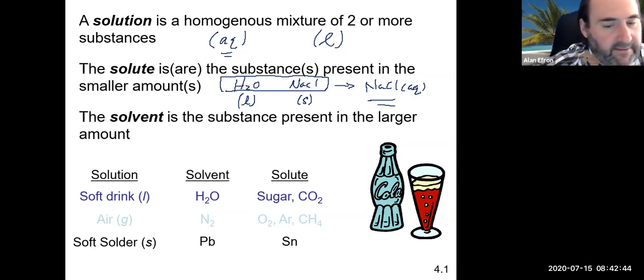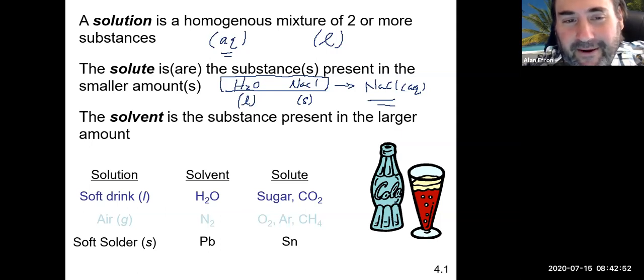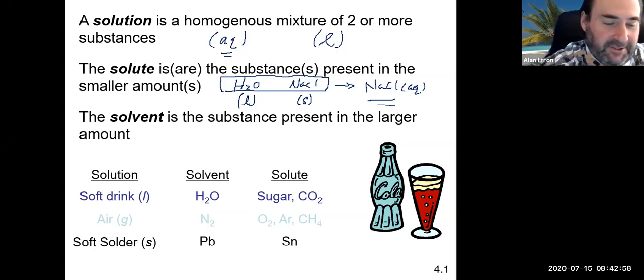I can't really see it on my slide, but in the middle, I think it's air. And the larger component of air is nitrogen, while the other components of air are things like oxygen and argon and other things, depending on where you are. Solder as well, where lead is the major component, and tin.